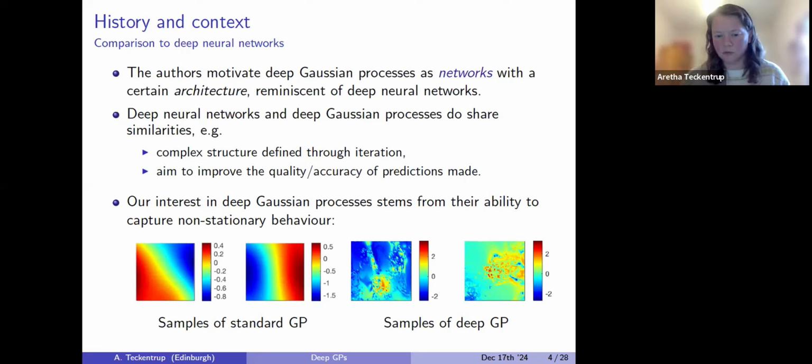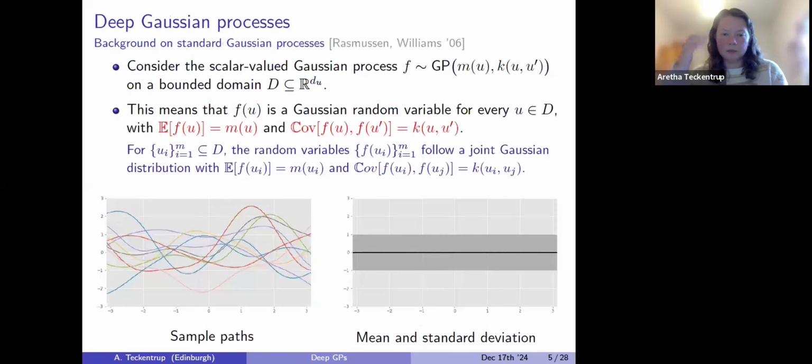Whereas on the right-hand side, I'm plotting 2 samples of deep Gaussian processes, again in a 2-dimensional space, and you can see that they are fundamentally a lot more complex and can model much more complex behavior. That's where a lot of their power comes from. So that's a bit about the history.